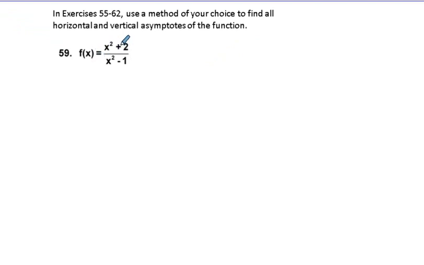So in this case, we have f of x equals x squared plus 2 over x squared minus 1. So for this one, if we factor our denominator, we are going to get quantity x plus 1 times quantity x minus 1.